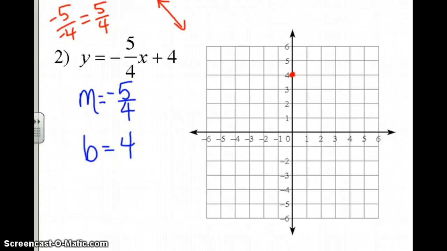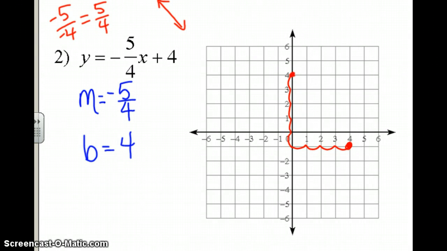So we want to make sure that our slope is going downward, like so. I'm going to make my 5 negative, because if I look at my b equals 4, which I already plotted, if I go up 5, I'm going to be off my graph. So I'm going down 5, 1, 2, 3, 4, 5, and I'm going to make a positive 4, so 1, 2, 3, 4.